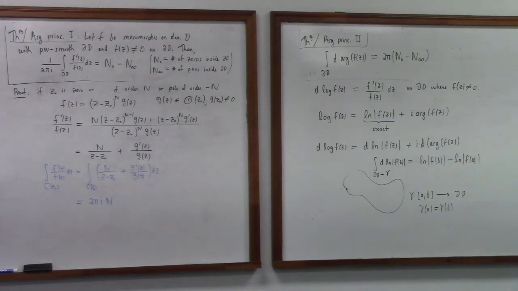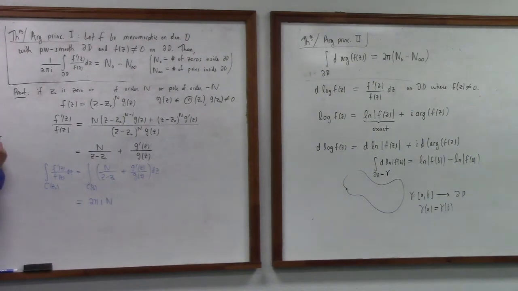If I start at t equals 0 and go around here once, twice, a third time, the change in the angle going around it is 6 pi.